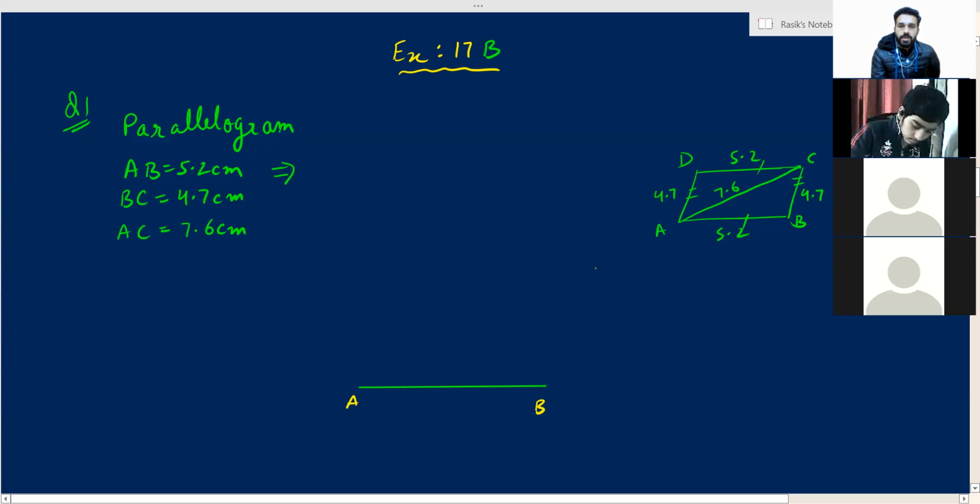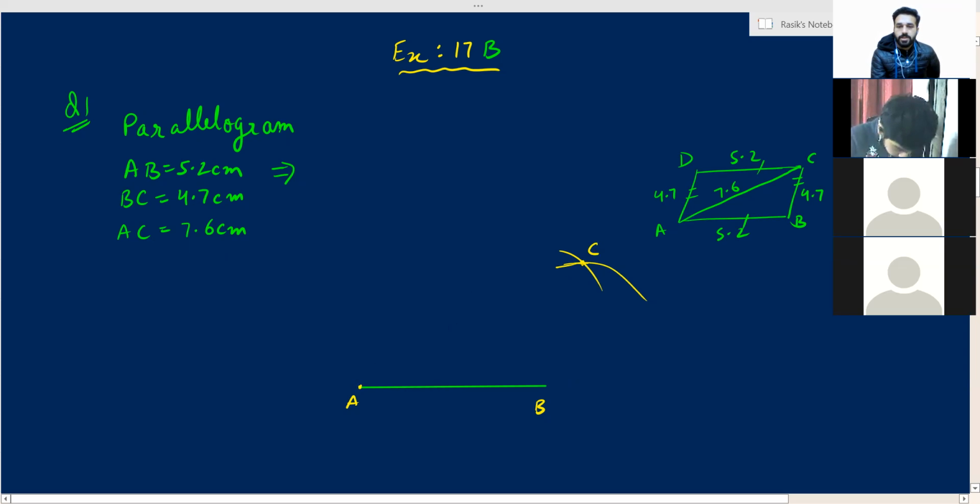So cut an arc at a distance of 4.7 centimeters from B, measure 4.7 centimeters in the compass and cut an arc from point B. And the length of the diagonal AC is 7.6. So it will be something like this. From vertex A, we will cut another arc at a distance of 7.6 centimeters. The point of contact is your vertex C.